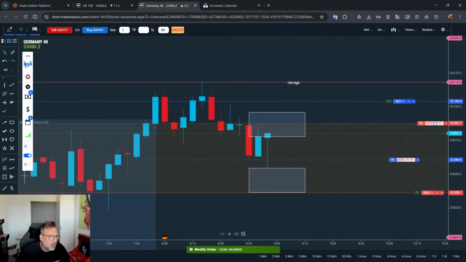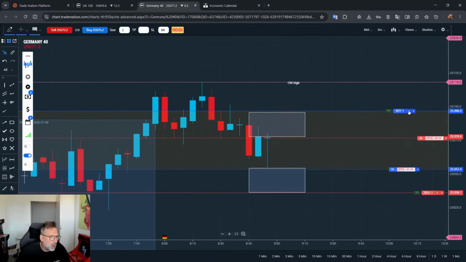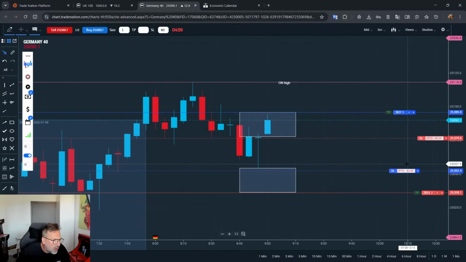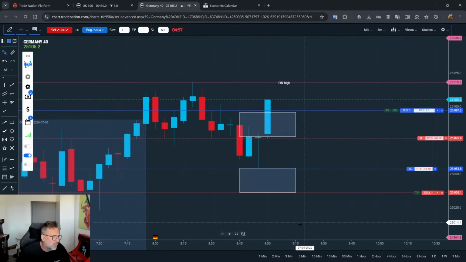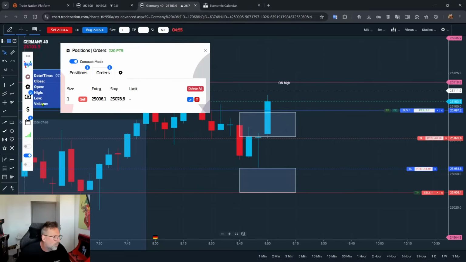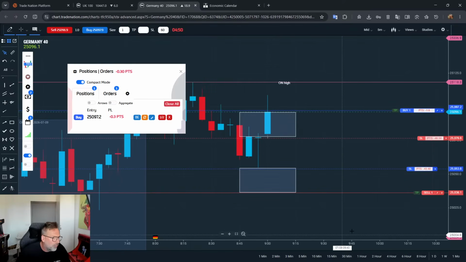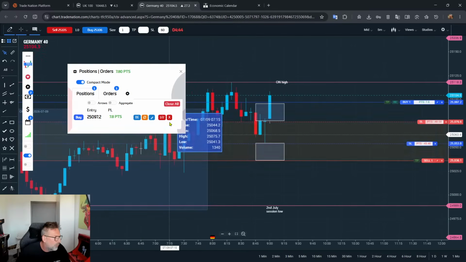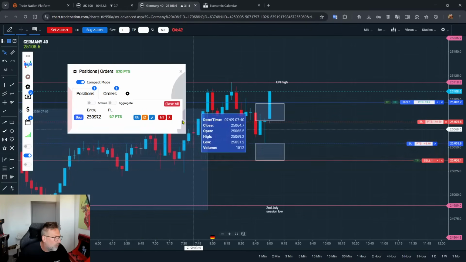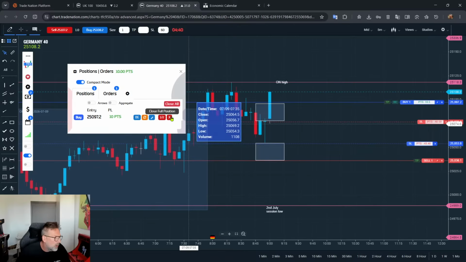What the fuck? So we are open. We filled long. I might take quick profits at the overnight high that I have marked there.